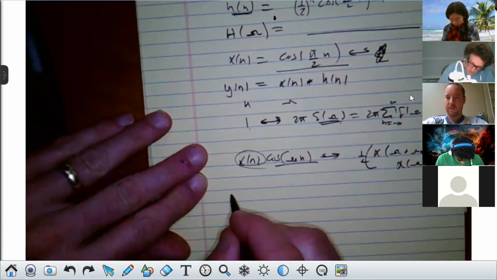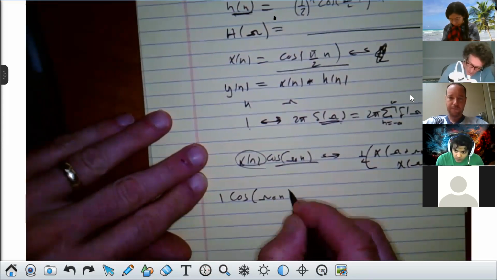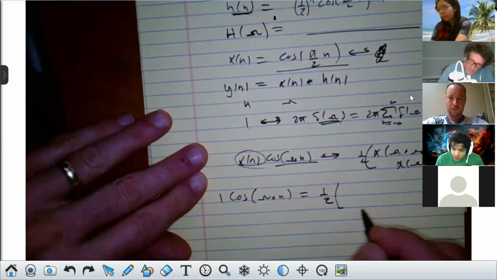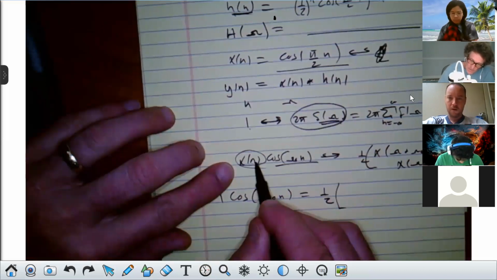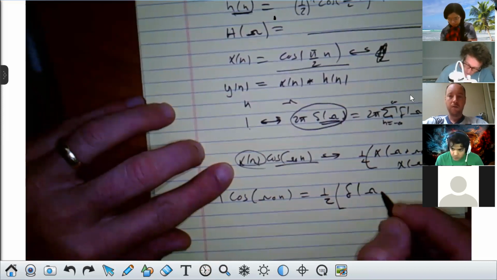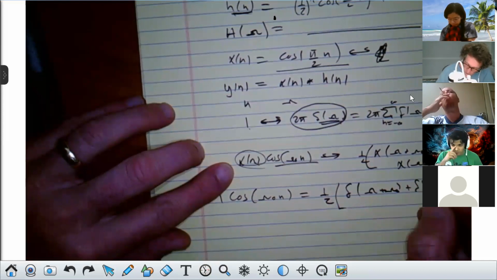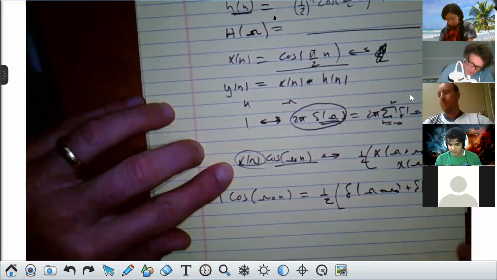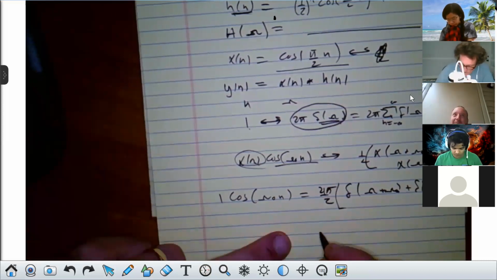So the only thing we do is say 1 times cosine of omega naught n is going to be 1/2 times the actual transform of x of n between minus pi and pi, only it will be a delta of omega plus omega naught plus delta of omega minus omega naught, correct? And there's also the 2 pi. So when everything's said and done, you get this.